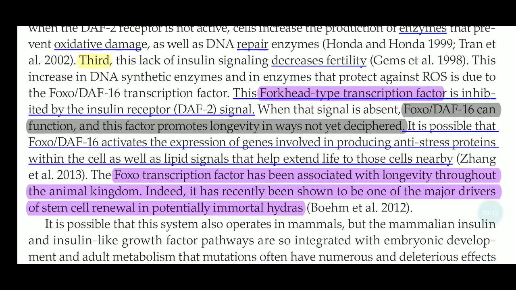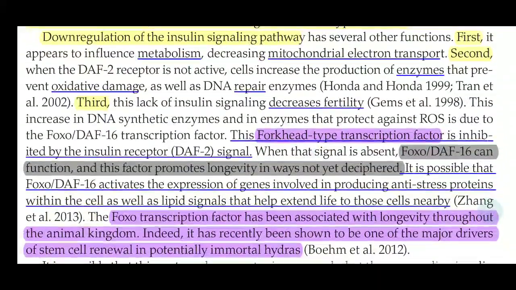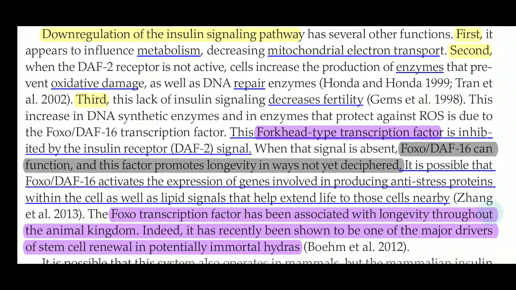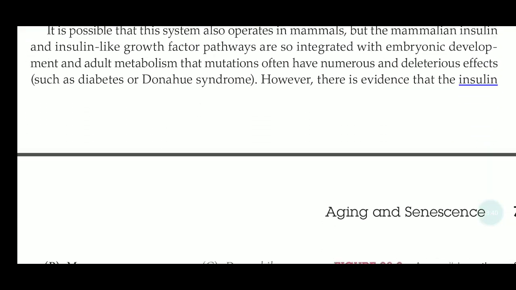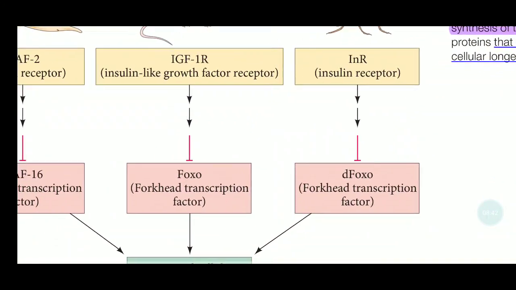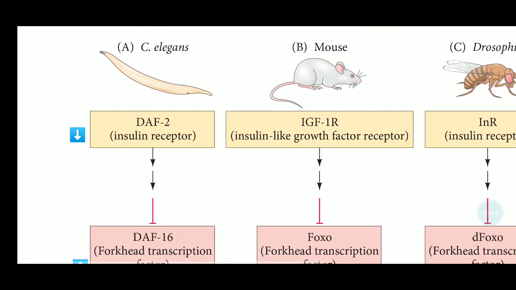In this downregulation, there is some factor that has been discovered which has an important role in this aging process. As you can see in this picture, there are some insulin signaling proteins and pathways. DAF2 is a transcription factor which is required for insulin signaling.